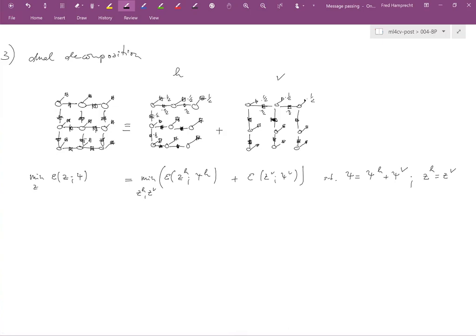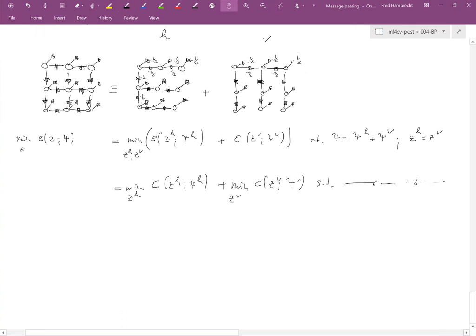By the way, I can say this is exactly equivalent to minimizing over zh only the first part, plus minimizing only over the second variables, the second contribution, such that the solutions are identical. This is still exactly equivalent.